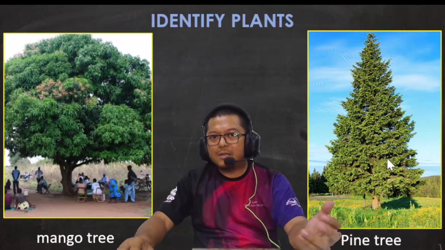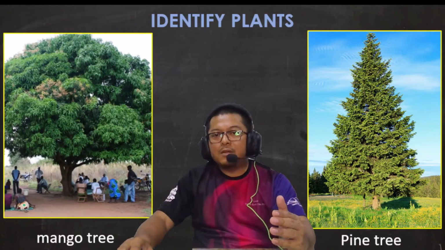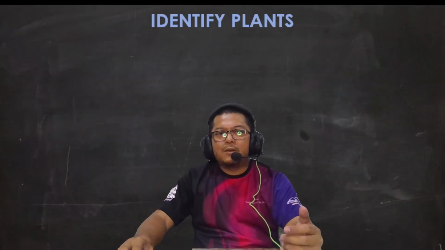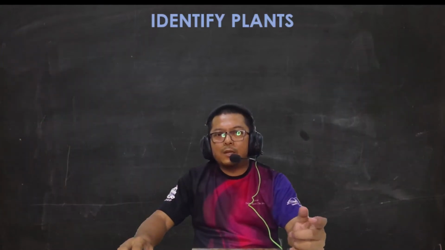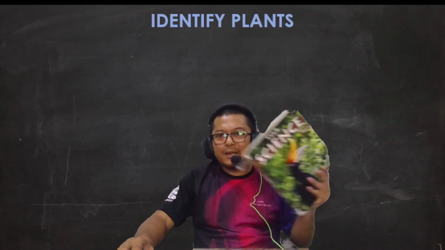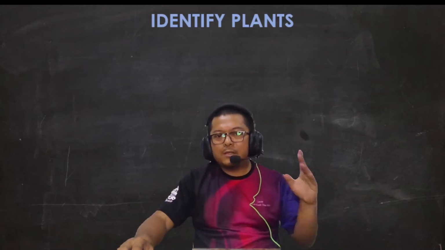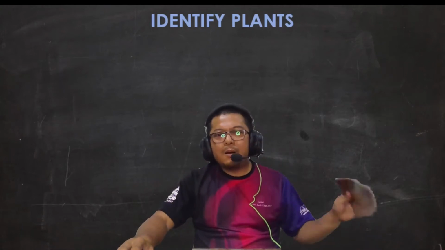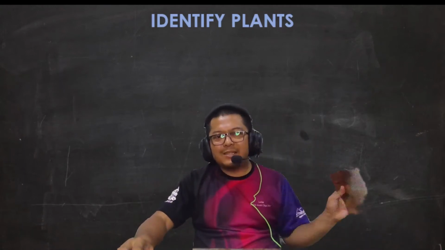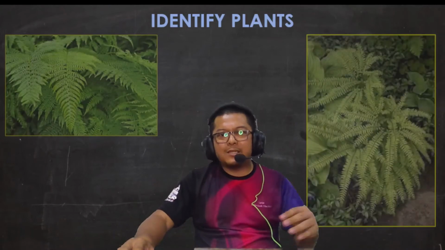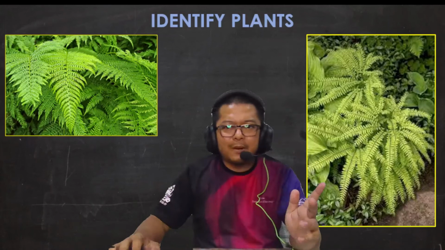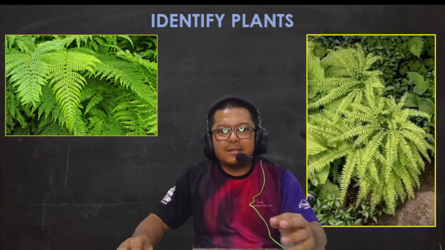Maybe it's not the same as this pine tree, maybe a different version, but it's called a pine tree. Now, remember, all plants in this video are based on your science textbook.